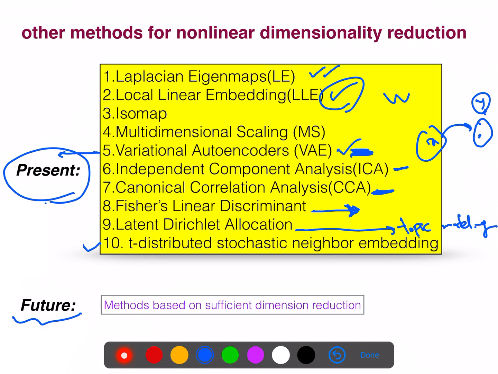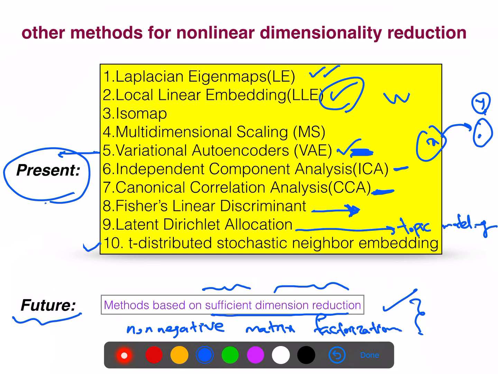Methods such as non-negative matrix factorization, and you can develop hundreds of methods. Just sufficient dimension reduction. Sufficient comes from sufficient statistics, which says, for example, these methods are good for regression-based dimension reduction, and let's say y depends on x, the distribution of that.